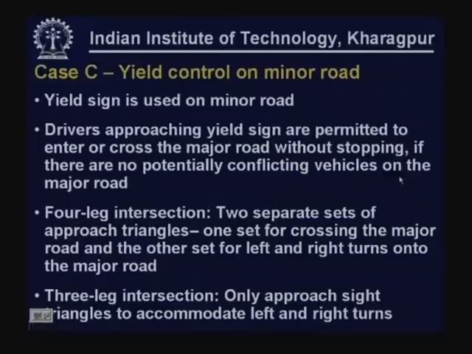First, case C, that is yield control on minor road. This is a type of intersection where a yield sign is used on the minor road, and drivers approaching the yield sign are permitted to enter or cross the major road without stopping if there are no potentially conflicting vehicles on the major road.